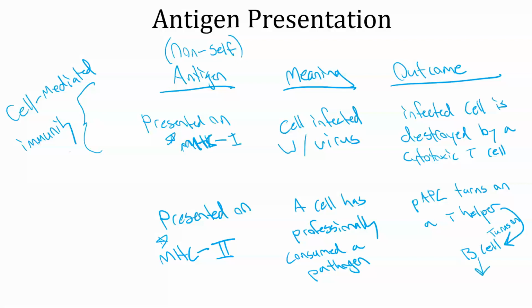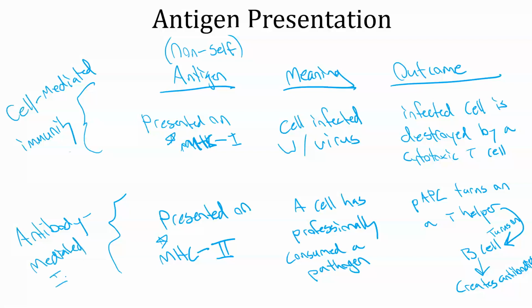The B cell then creates antibodies in a very simplistic scheme here. This is sort of the boundary. This is all part of humoral or antibody mediated immunity. And I think we'll leave it at that.